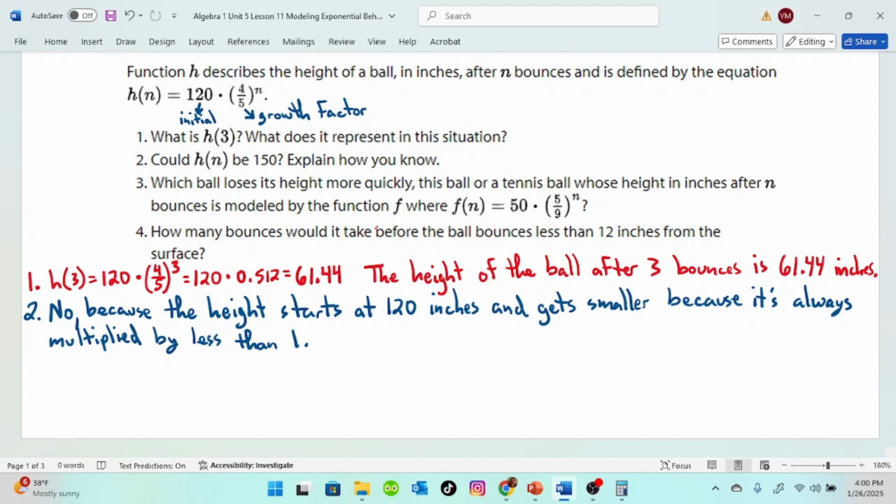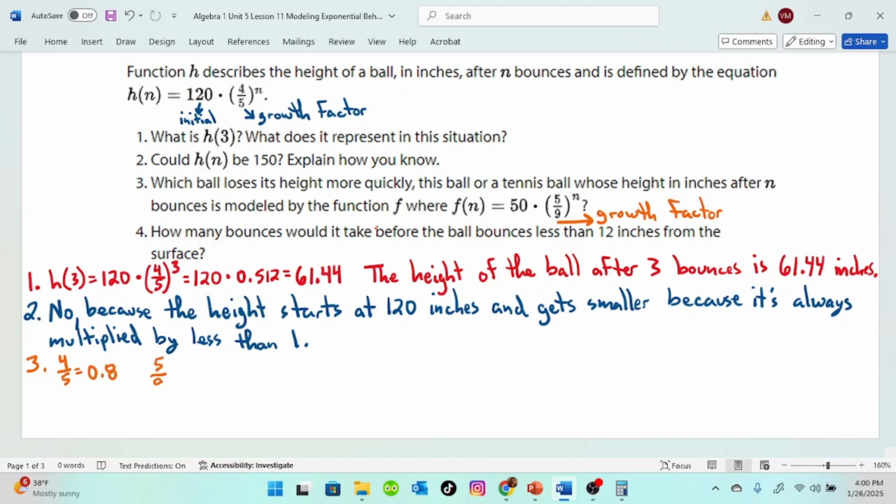So when I look at this new equation, this time I see that the growth factor is 5 over 9. And we already said 4 over 5 equals 0.8.